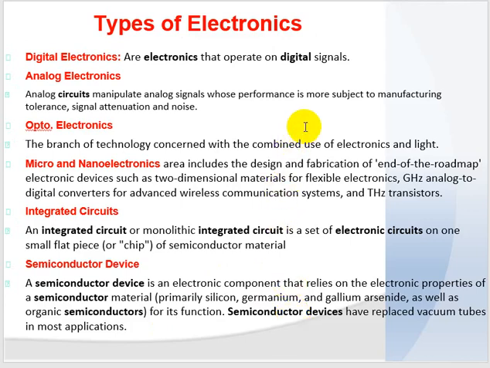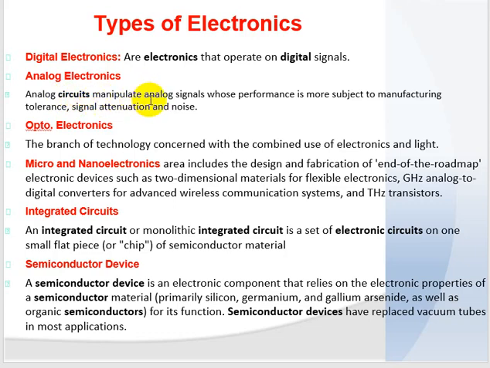Now, let's discuss a few types of electronics. The first one is digital electronics. If we deal with digital signals, we will study digital electronics. The second type is analog electronics.